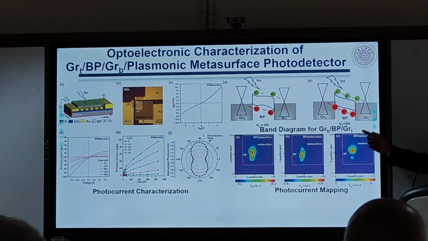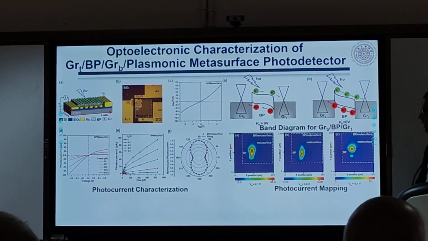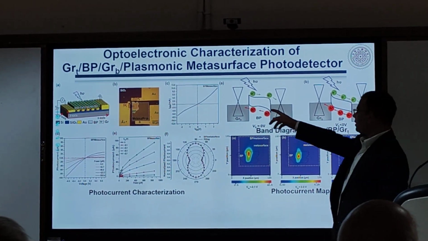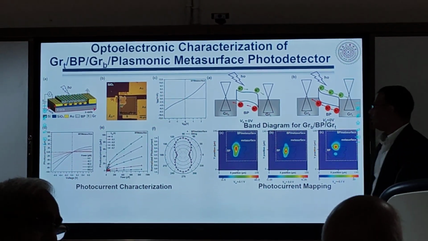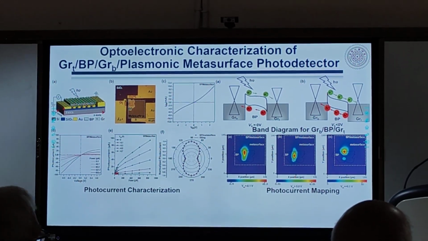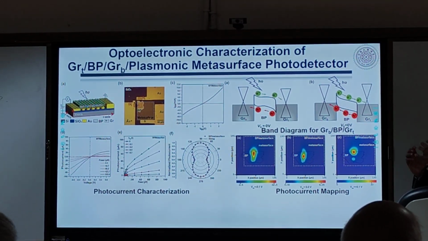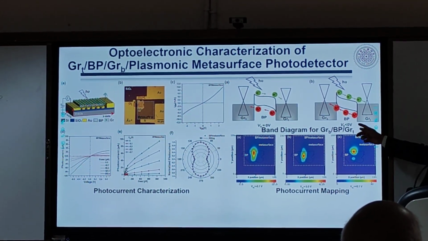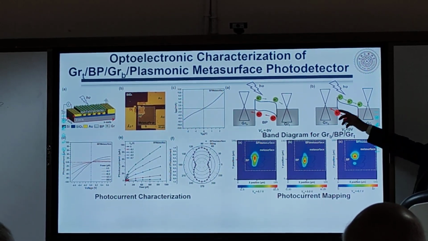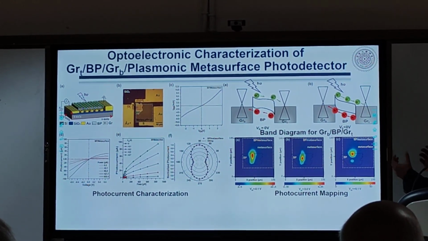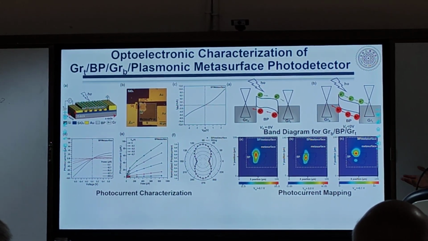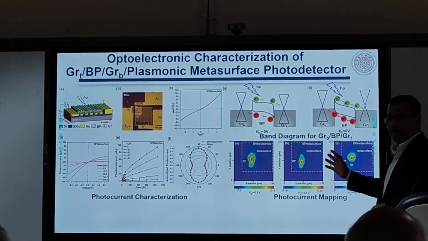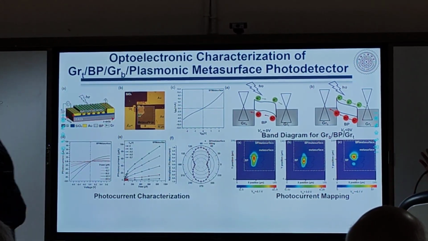Then here is the charge carrier transfer mechanism, how it will take place. This is the black phosphorus and this is the graphene, and once they come in close contact, it will form the Schottky barrier. And once we apply the bias, charge will move to the different bias and we will get the photocurrent. Here we have done the photocurrent mapping at three different biases.